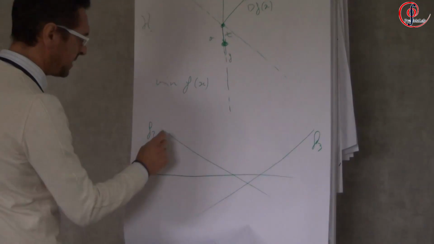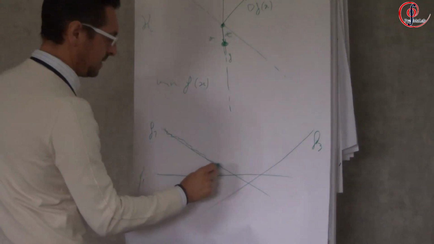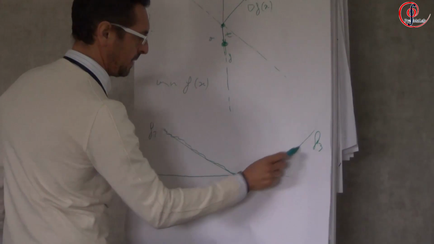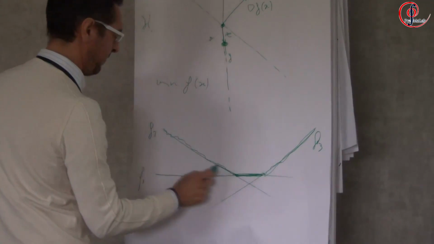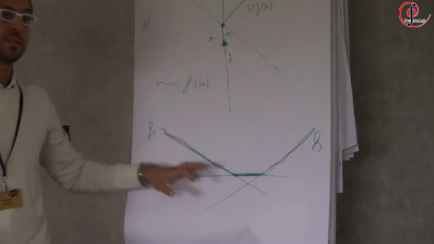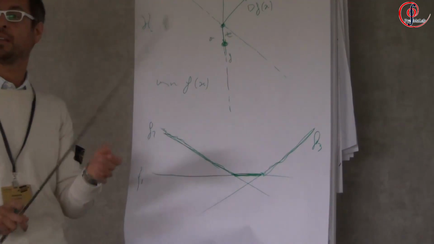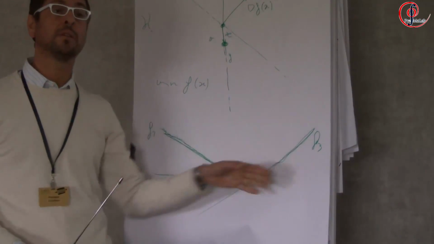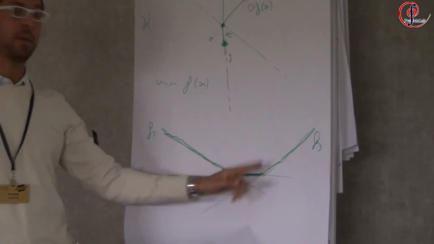The pointwise maximum is something like this. So this is function f, the pointwise maximum of three linear functions, for instance. And of course, functions defined as pointwise maxima of functions are typically non-differentiable at these breakpoints.